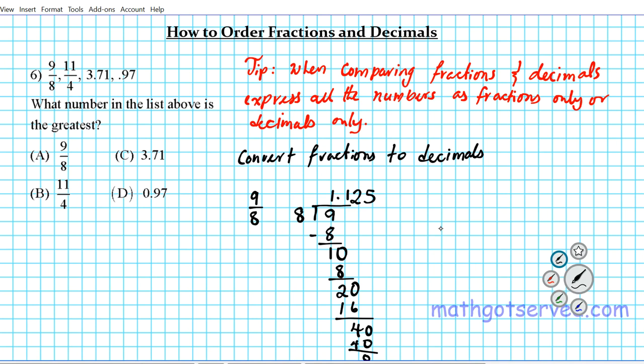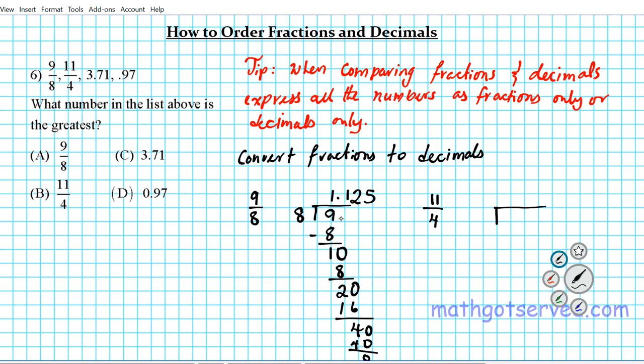All right, let's move on. Let's convert 11 over 4 into a decimal. Now for the problem I just did, 9 over 8, you didn't have to do the entire division problem.